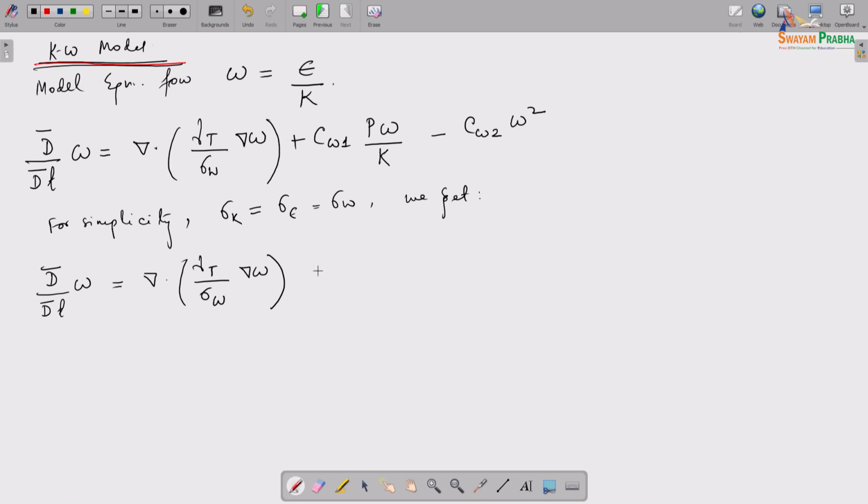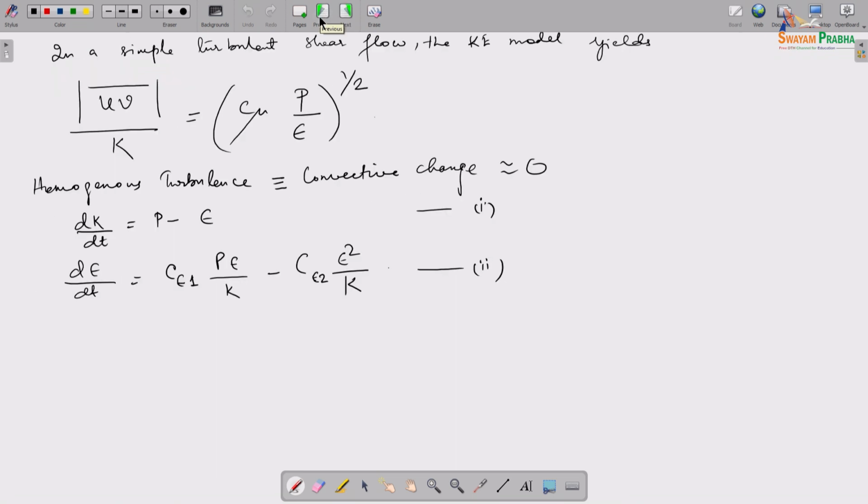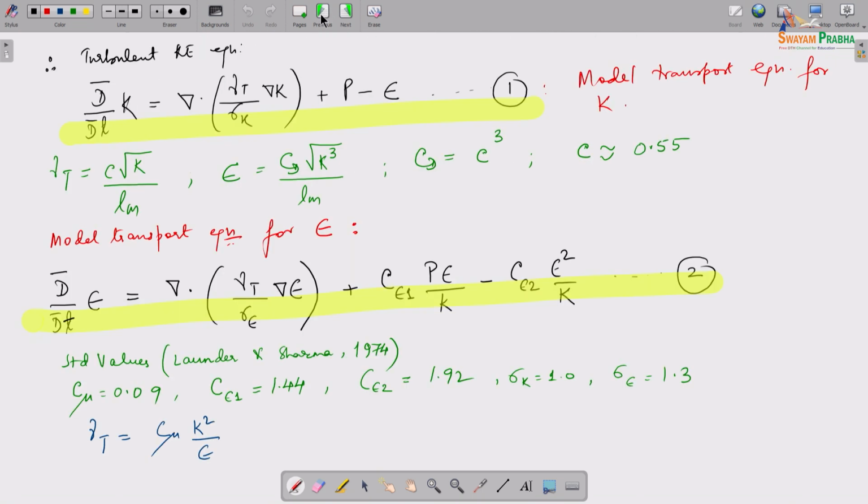Okay, let's just go back. So we have C epsilon 1 here. Let's just go back here. So these are the values we were using for K epsilon.